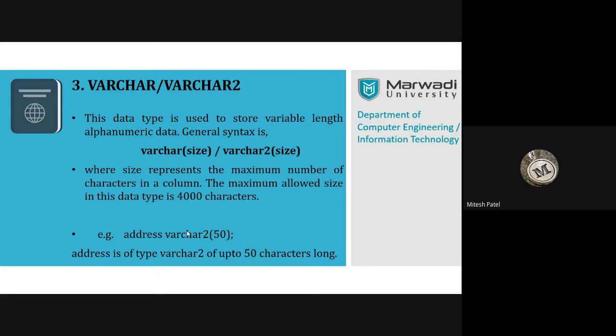For example, in an address format, we have a house number, street number, house name, colony name, apartment name. So we require both numeric as well as character. So varchar2 provides both, alphanumeric. Right?